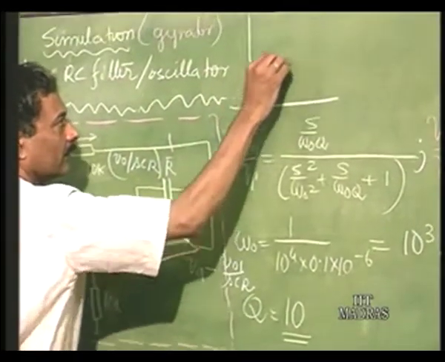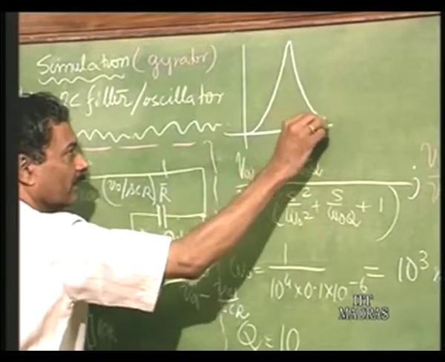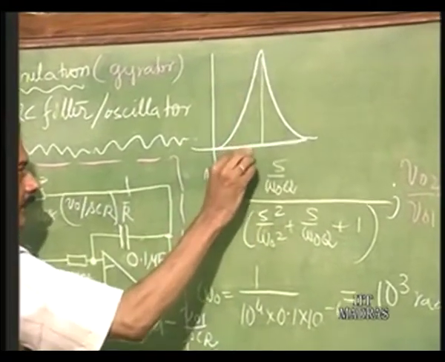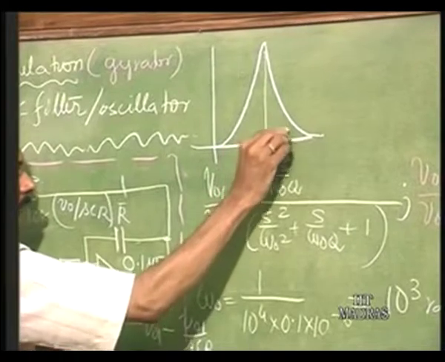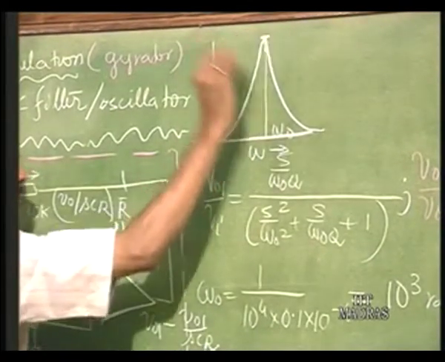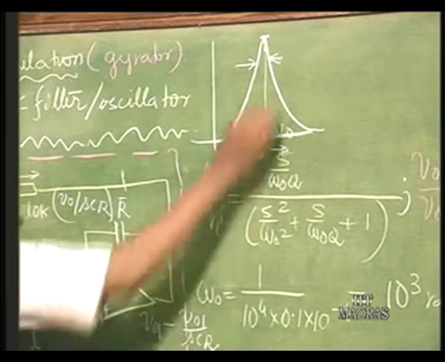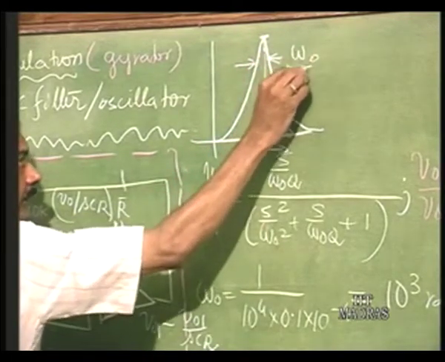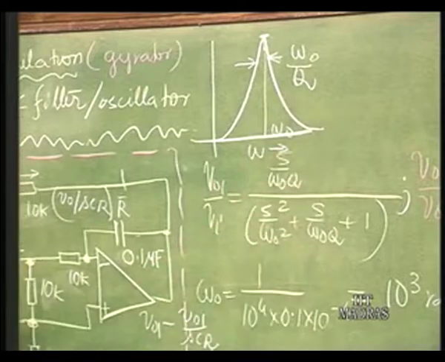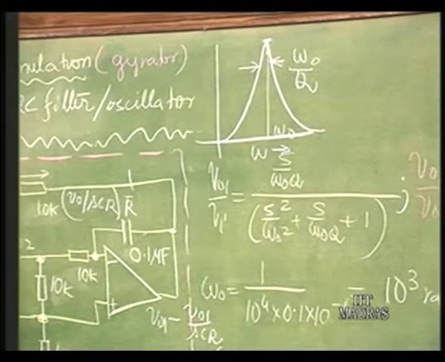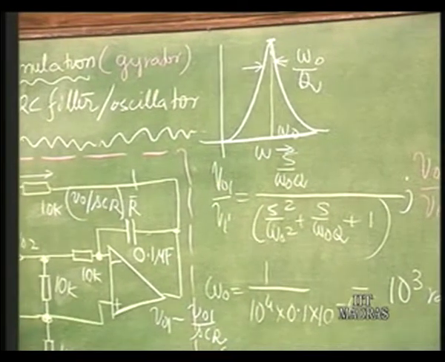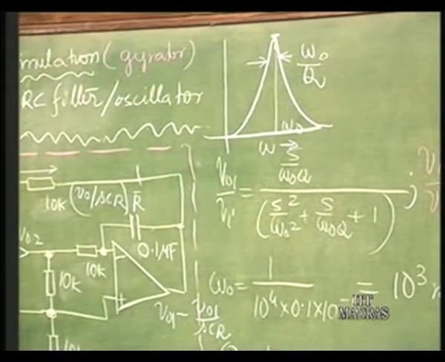If you obtain the response of this at omega naught, it will peak, and the bandwidth is going to be omega naught by Q. In this case Q is 10, therefore, omega naught by 10 is the bandwidth. This we will see in the experiment.